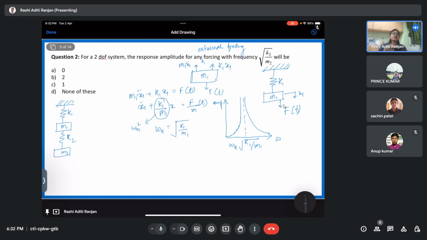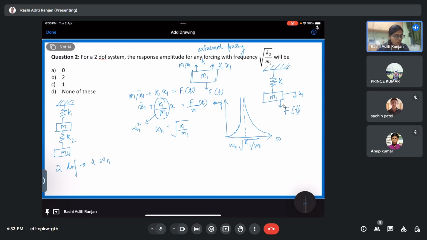If the system has 2 degrees of freedom, it is going to have 2 natural frequencies. The number of natural frequencies depends on the number of degrees of freedom, and a continuous body which has infinite degrees of freedom has infinite frequencies. So it will have 2 omega n.